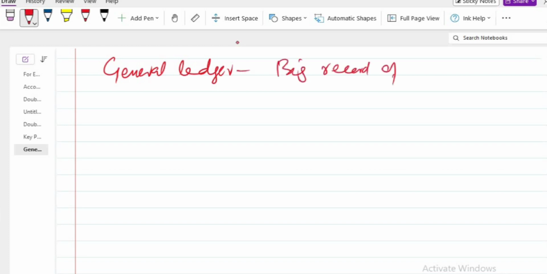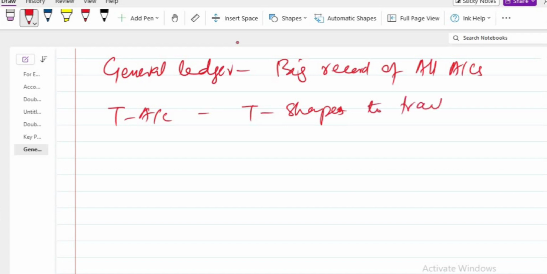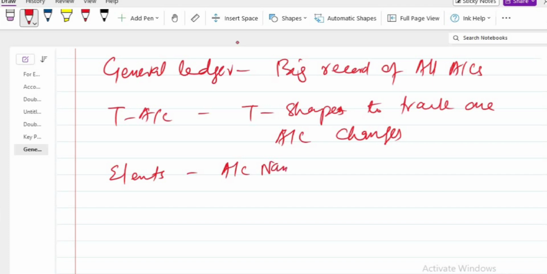And then you have discussed the T accounts. T accounts mean a simple T shape to track one account's changes. Then you have discussed the elements, and those were the account name, debit side, and credit side.